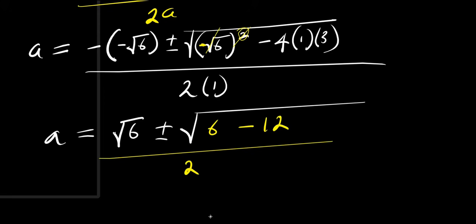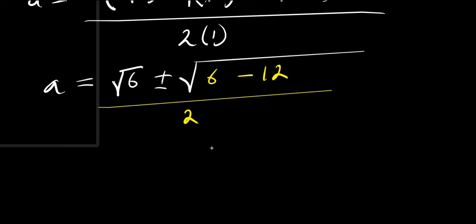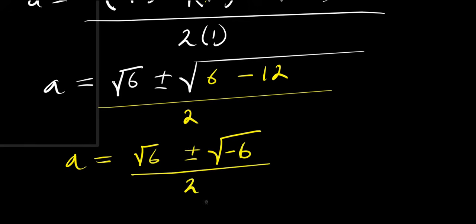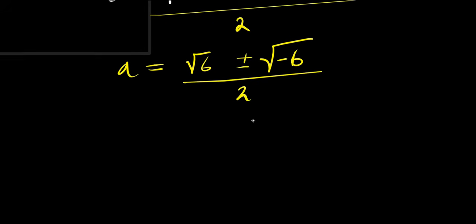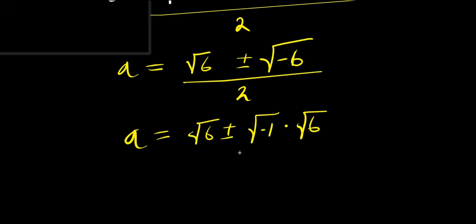So from here, we simply have a equals root 6 plus or minus the square root of negative 6, divided by 2. So from here, we have a equals root 6 plus or minus, there is a minus here, the square root of negative 1 times the square root of 6, divided by 2.